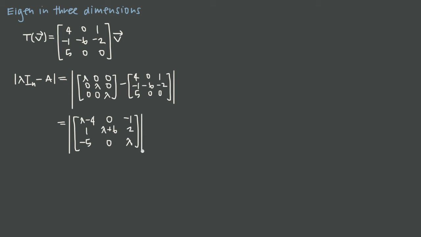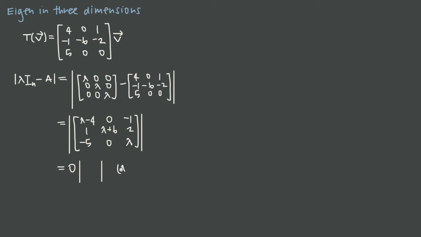Then we need to find the determinant of this. Since the second column has 2 zeros, let's definitely work along the second column to save ourselves some math. So breaking this down into 2 by 2 determinants, the first thing would be 0, this first entry, multiplied by a 2 by 2 determinant. But since that's going to go to 0, we won't really worry about it.